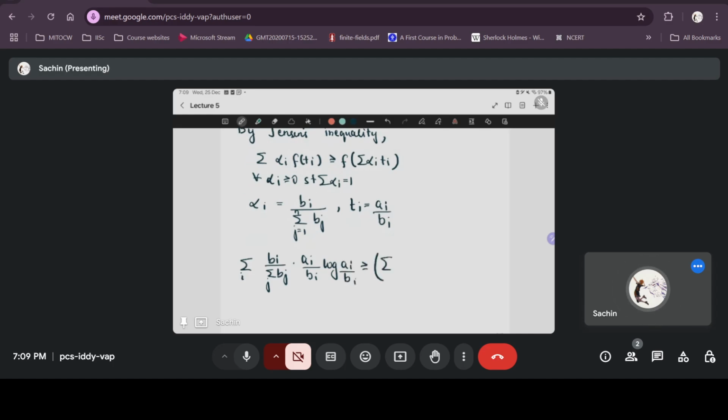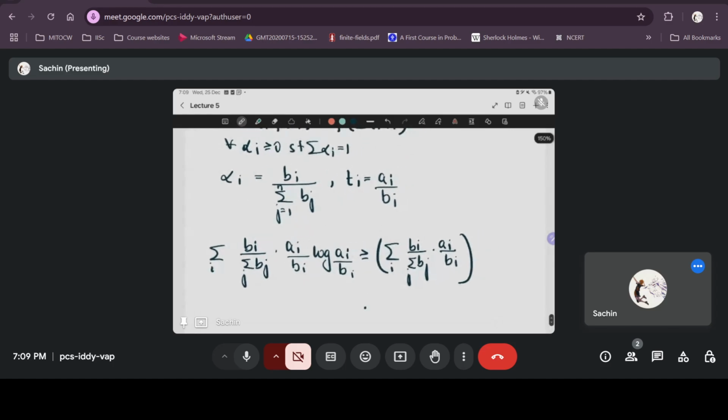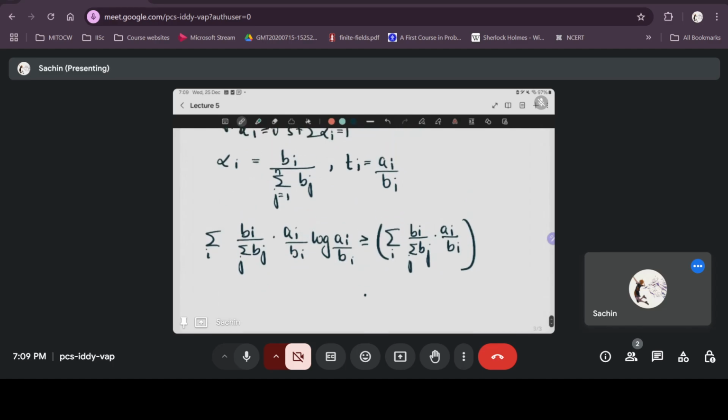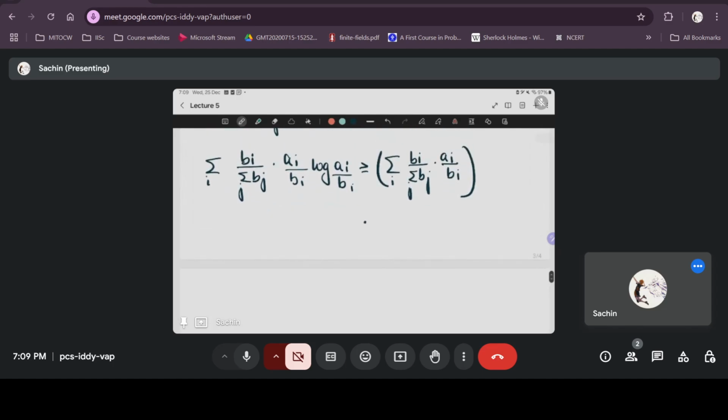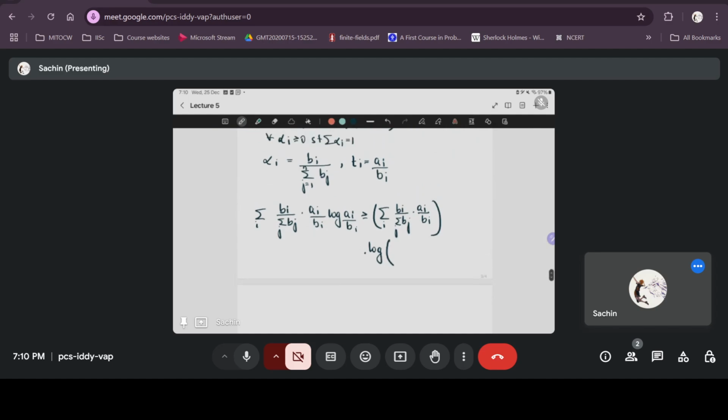This is greater than or equal to summation bi over summation bj, which is alpha i times ti, which is ai over bi, into log of summation bi over summation bj times ai over bi.